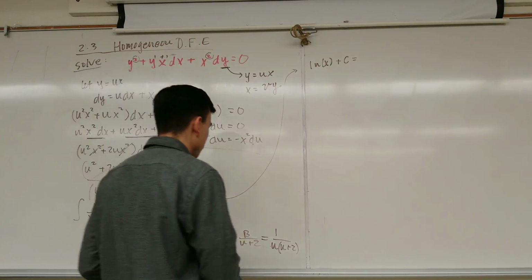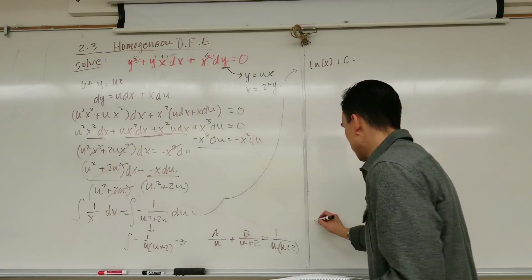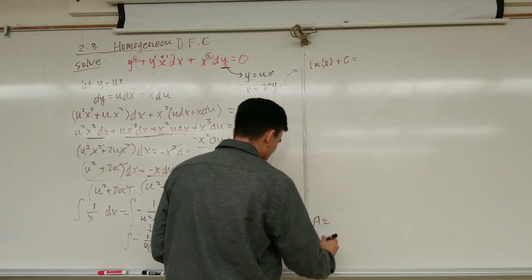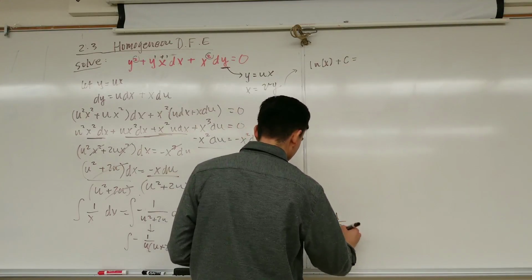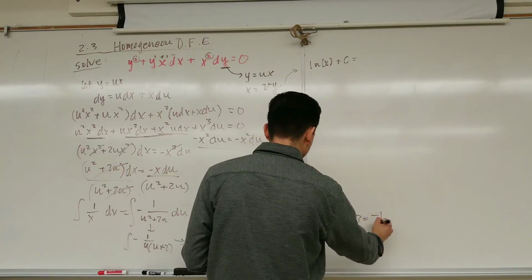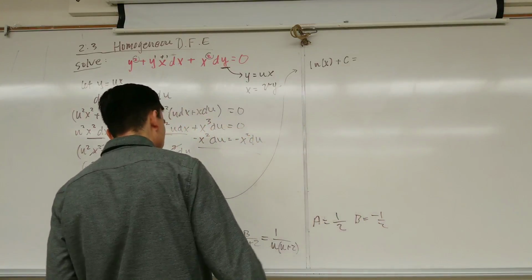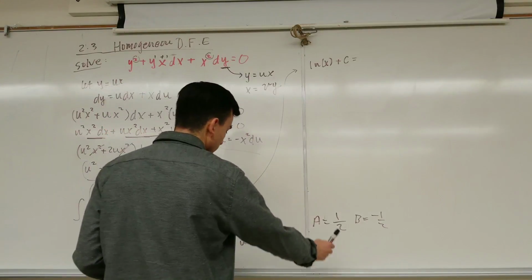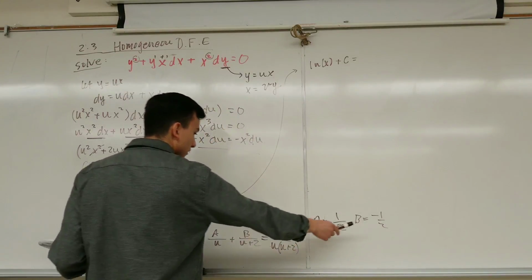If we do the computation, our A is going to equal 1/2, and our B is going to be negative 1/2. Okay, great. So now we're just going to put our A's where they go, our B's where they go.